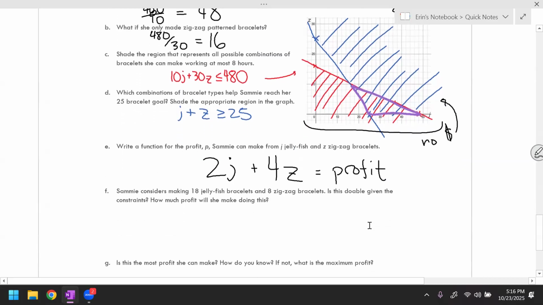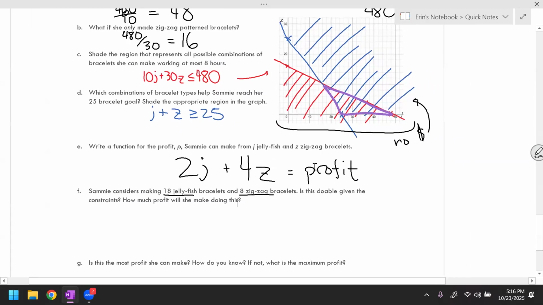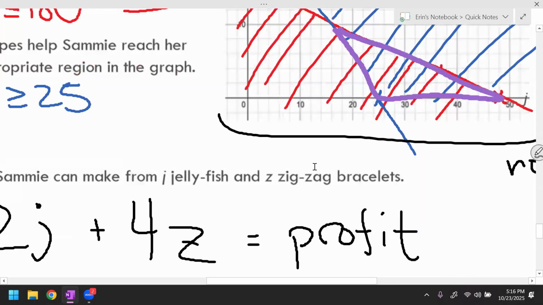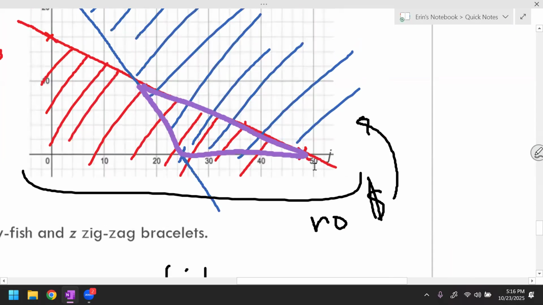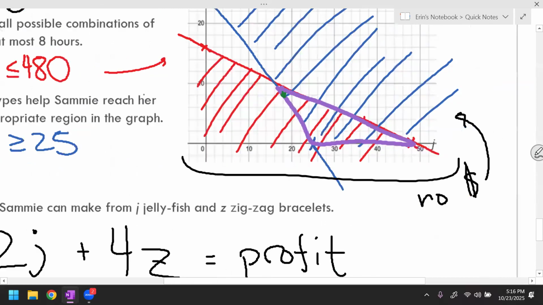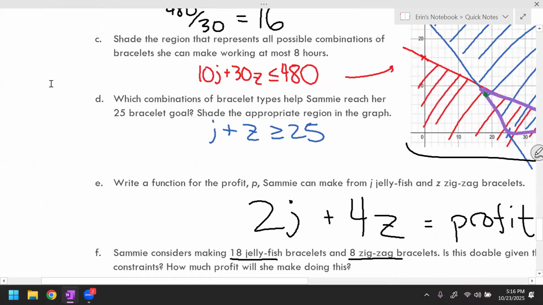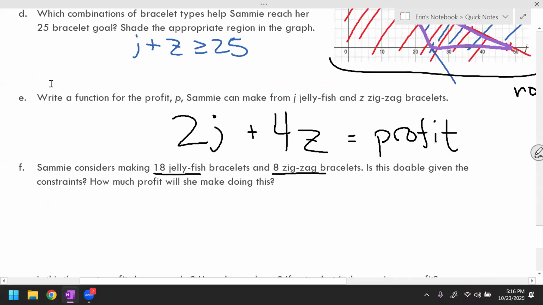Sammy's now considering making 18 jellyfish and 8 zigzags. Does this work? Well, if I zoom in on my graph, I can see that 18 jellyfish and 8 zigzags is just barely inside of my feasible region. 18, 8 is right there. So yeah, we're just on the cusp, but yes, it is in the feasible region. And I can just plug this into my original question. Do I have time to do it?